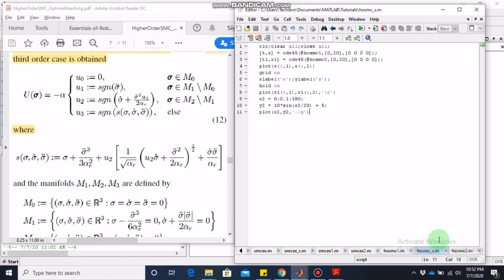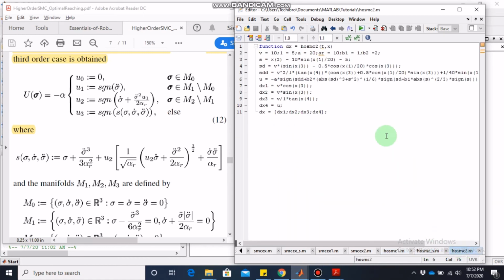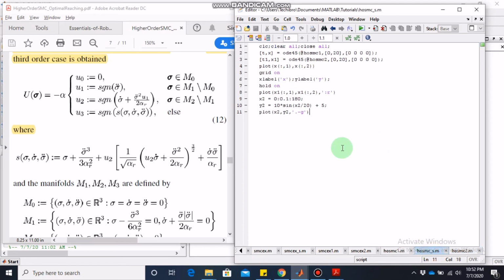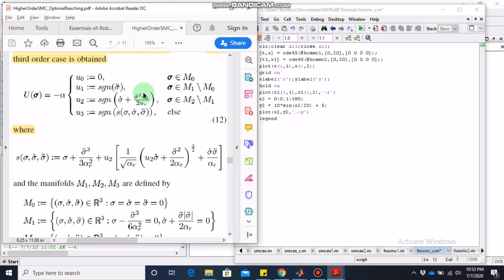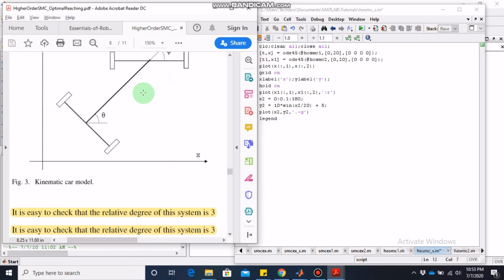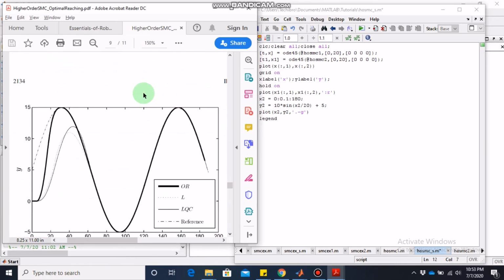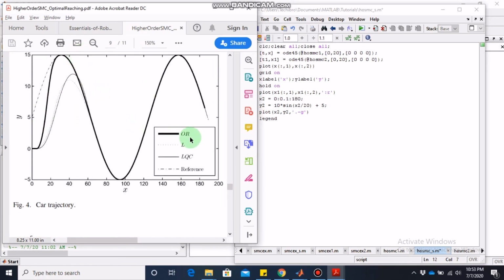We don't change the Levant controller, and here I want to add another command, legend. What this command will do is add this kind of box, as you can see here in this figure, representing which signal is which. You can add a legend here.